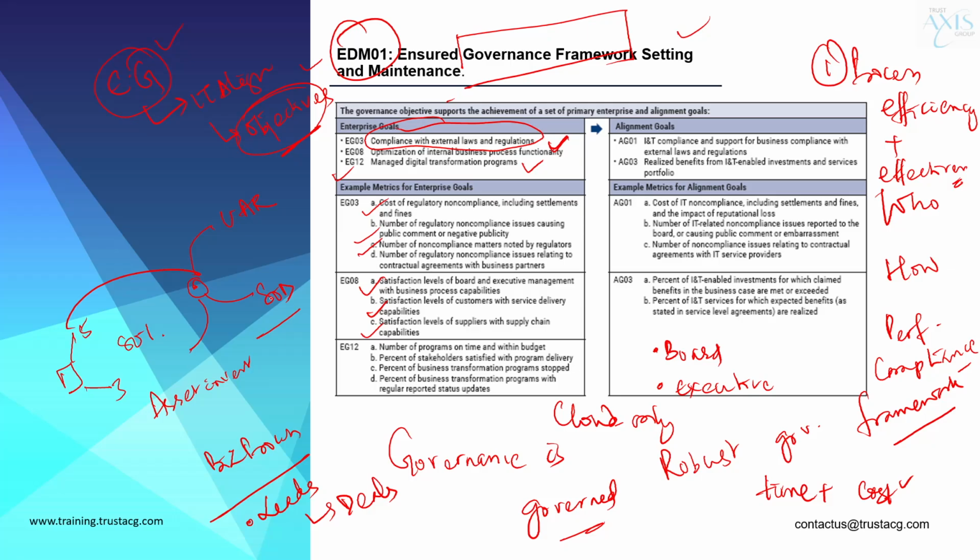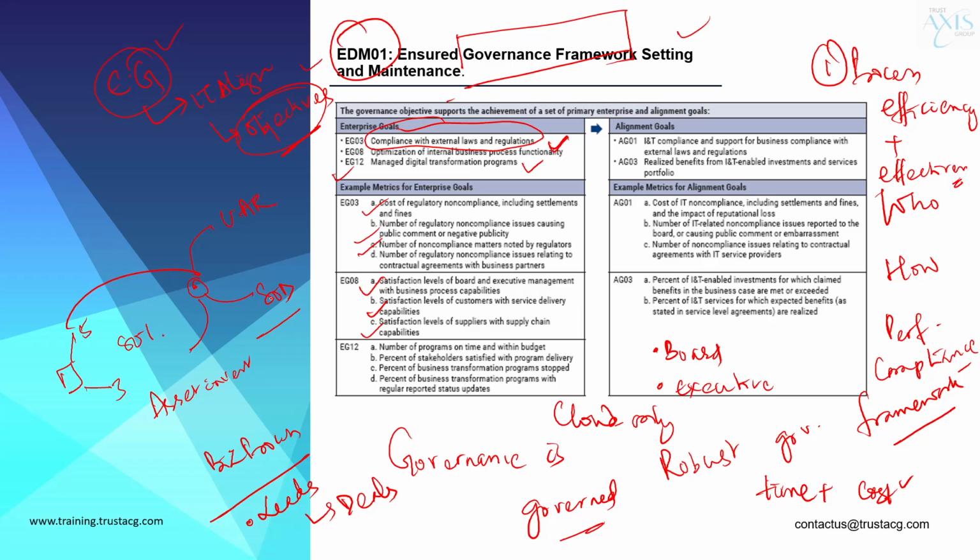So, there are a couple of alignment goals from an IT standpoint, which are closely related to the EDM01 governance objective. Basically, your first one and the third one both ensure your IT initiatives are not operating in silos or in isolation, but always aligned to the priorities of the business.